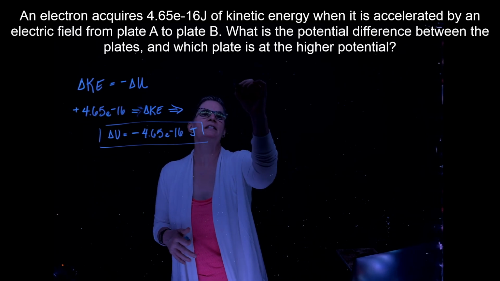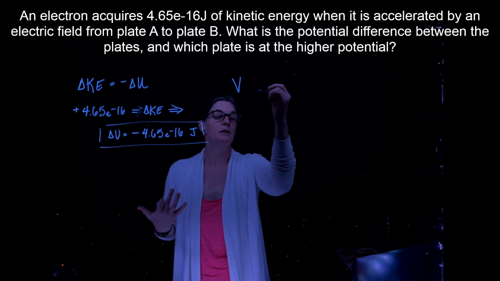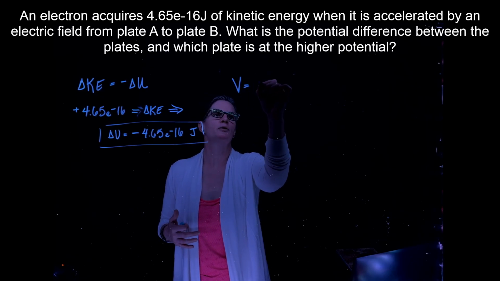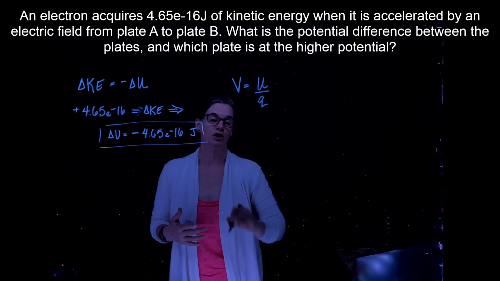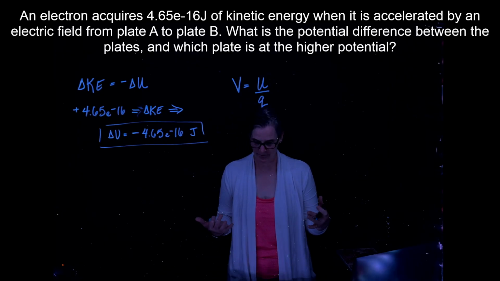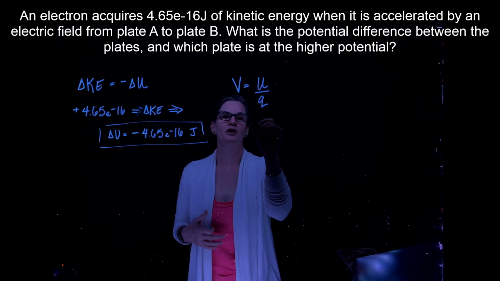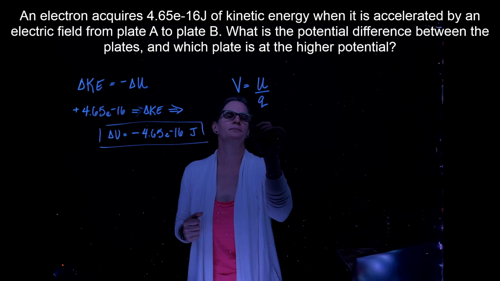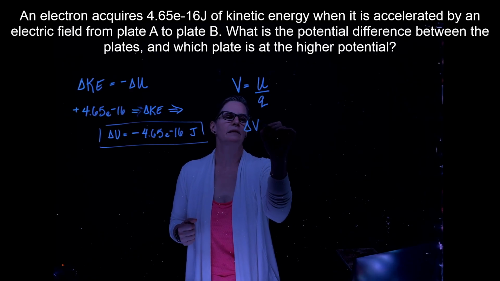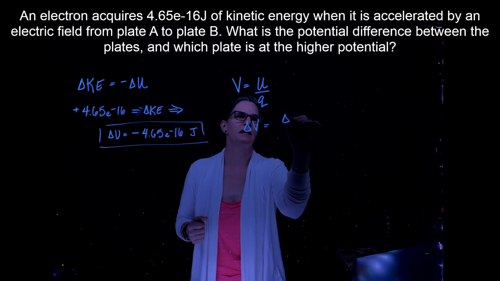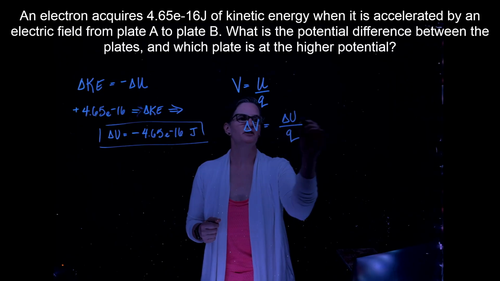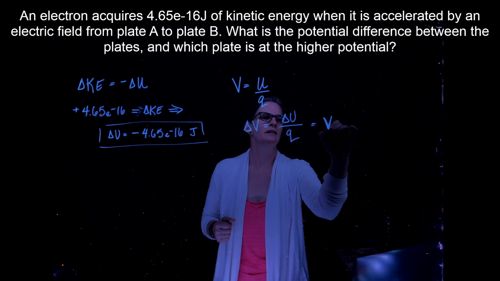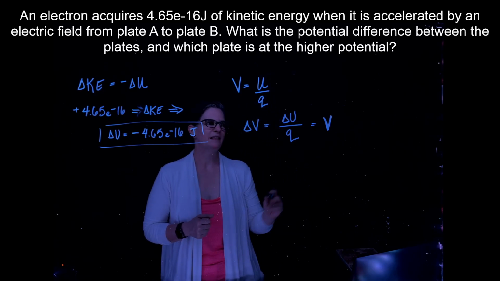We know that the potential is equal to the potential energy per charge. It's the definition of potential. So our potential difference is equal to the change in potential energy over the charge. Potential difference, remember, is our voltage.